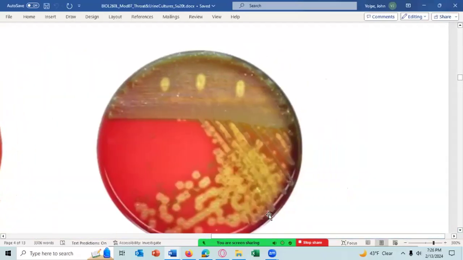Here is Streptococcus pyogenes. You see the little white colony right there? That's the colony, and it's surrounded by a fairly large clear area, which is complete hemolysis of the blood. You can see complete hemolysis of the blood all over there, even there and there.